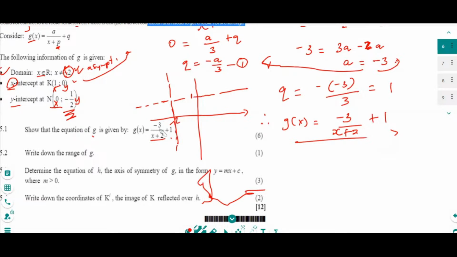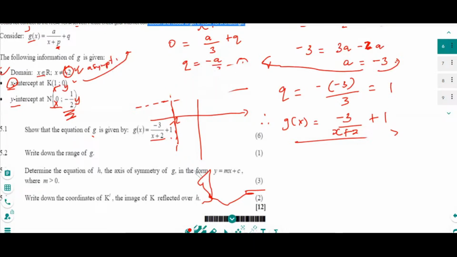This is a negative, so we expect it to be in quadrant number 1 and quadrant number 3. So the y-intercept is 0 and negative a half. That doesn't make sense though.